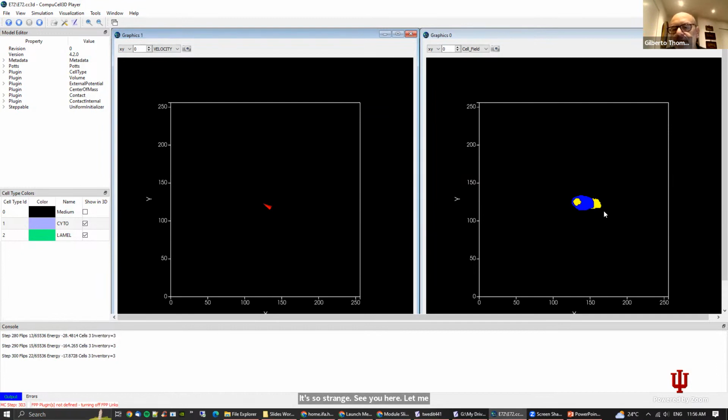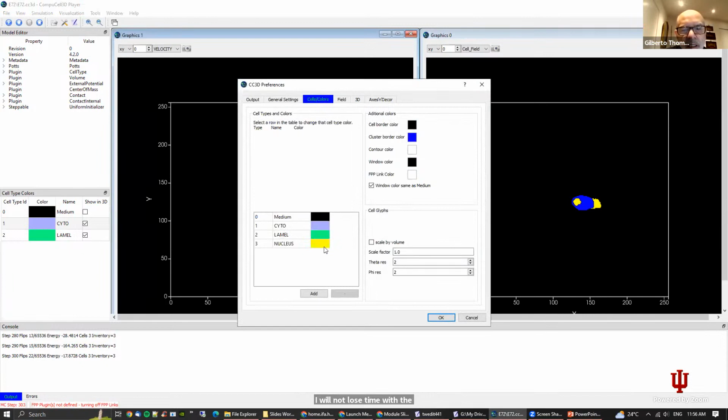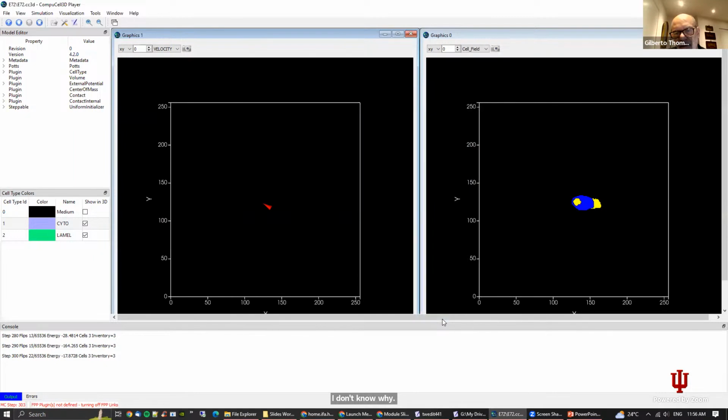Here's the cell, which has wrong colors. I will not lose time on that. Let's change the colors. I don't know, the colors here are right and there are wrong. I don't know why. Anyway, it's a CompuCell player bug right now.